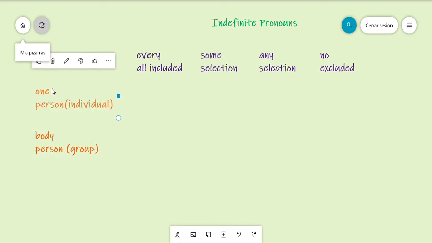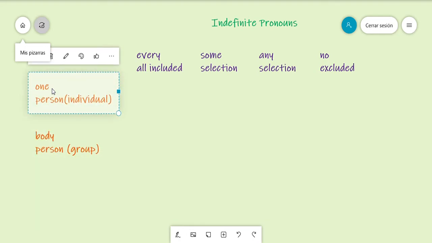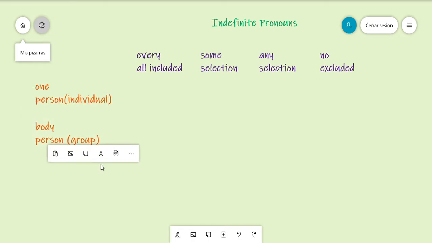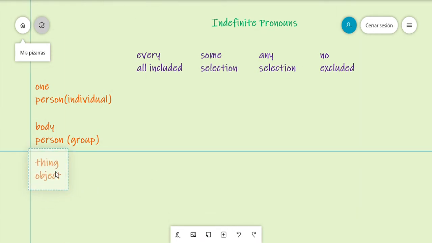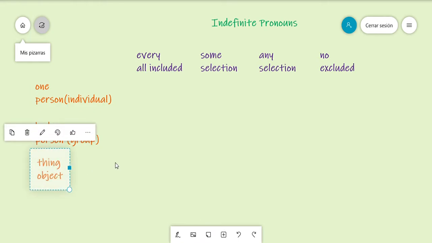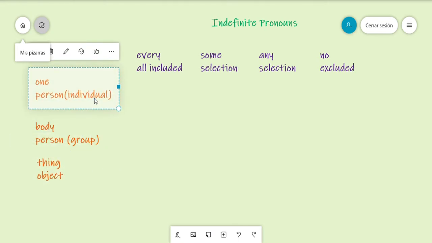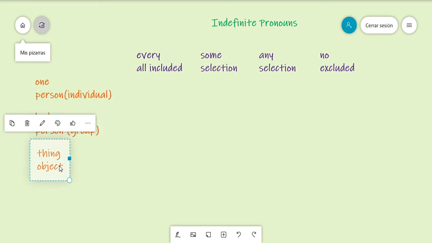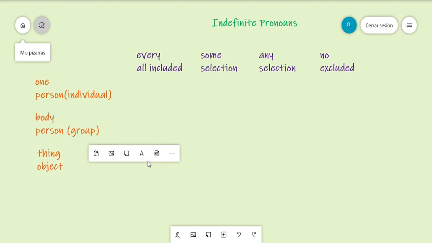You have another that is, for example, the word thing, and thing is used for objects. And the last that you have to use is where. Where is used for places.